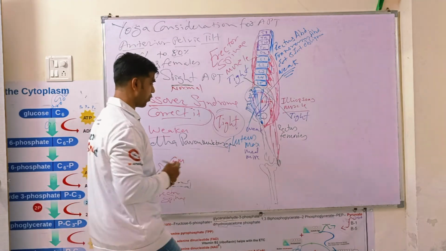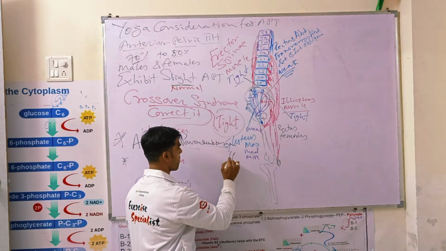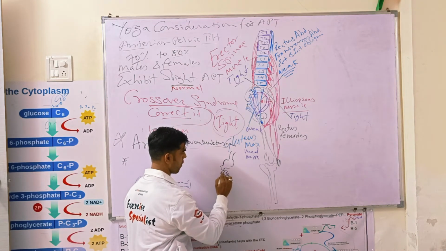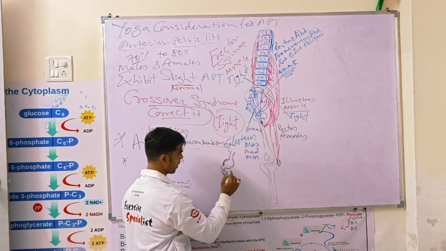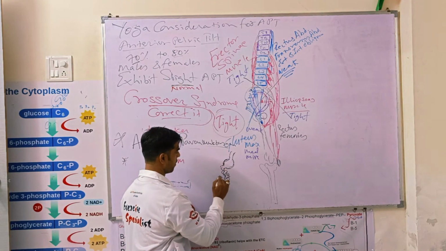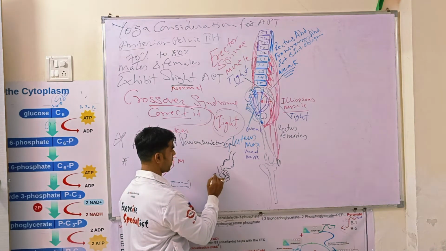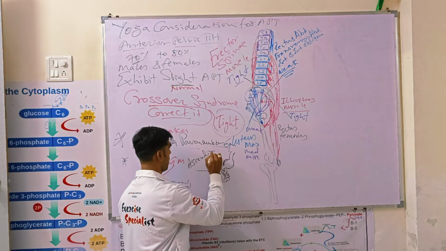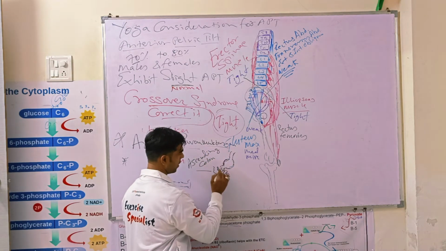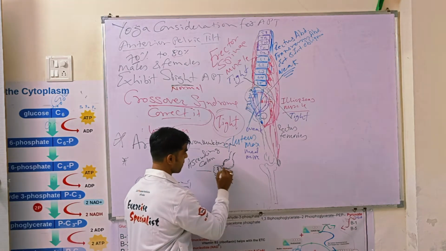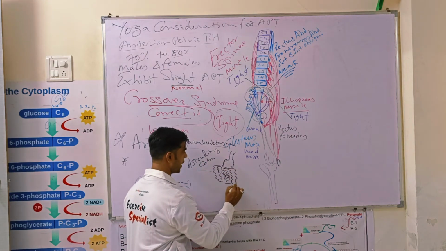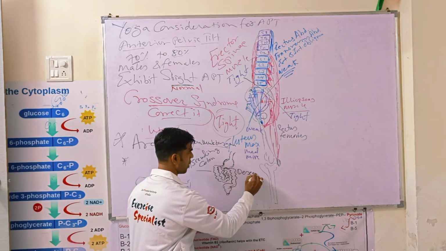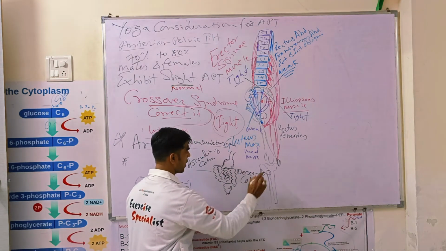How will digestion be improved? Let's see. So this is stomach here, and then we have ascending colon, and then descending colon, and then rectum here, right?